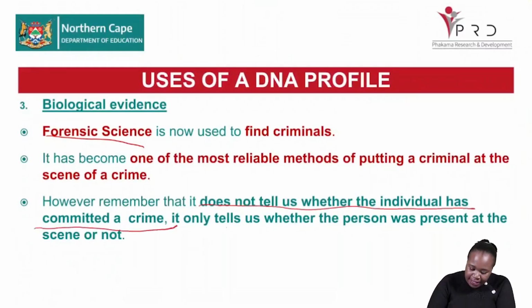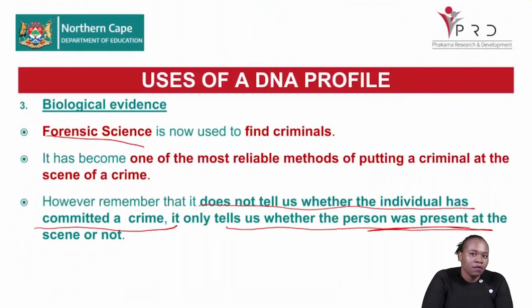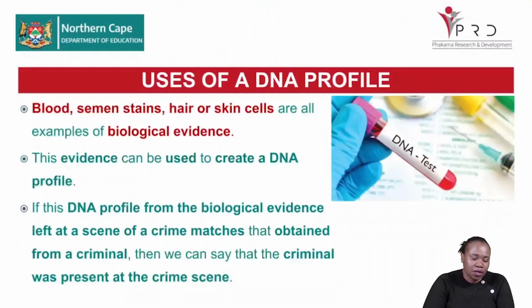It simply tells us that the person was present at the place of the crime. Knowing that, we can take steps going forward, but it does not say this person has committed the crime.